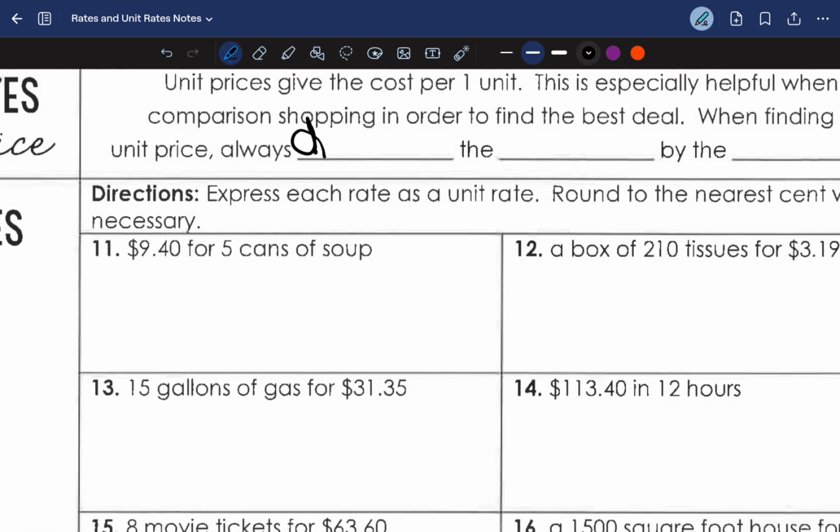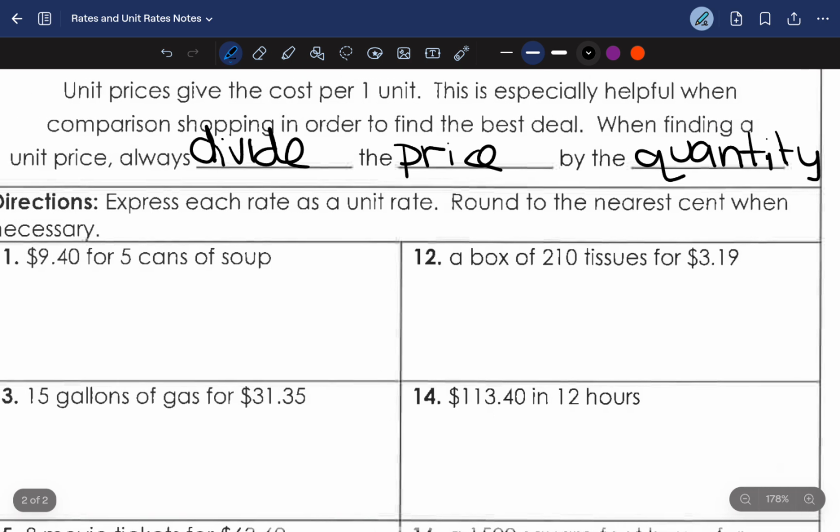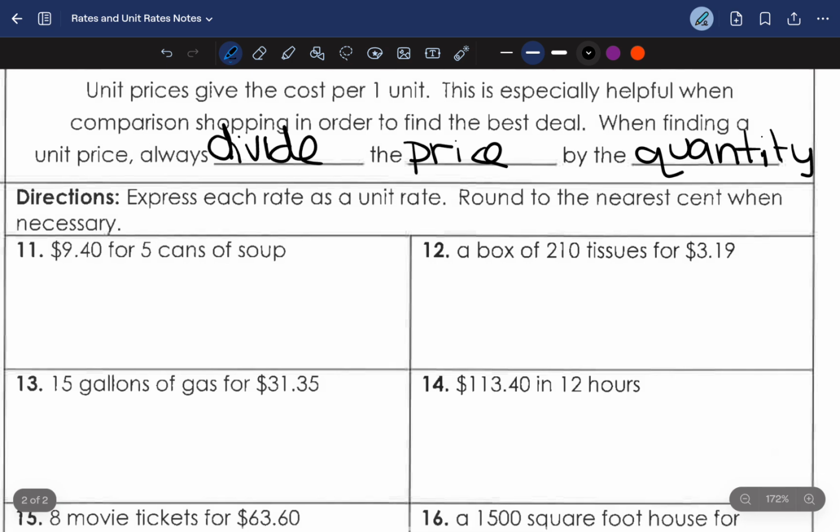You're going to divide the price by the quantity. So anytime you ever see a price and you're wanting to know the unit rate of that, always do price over whatever it may be. That's going to be the easiest thing to do.